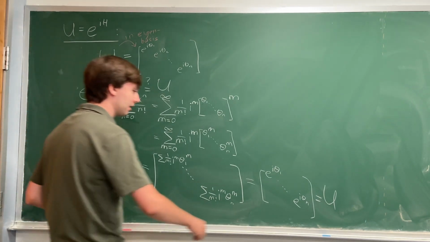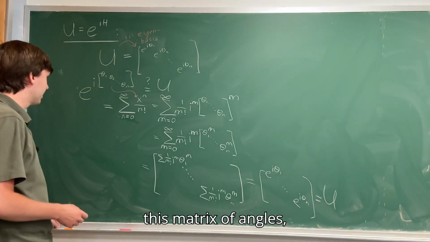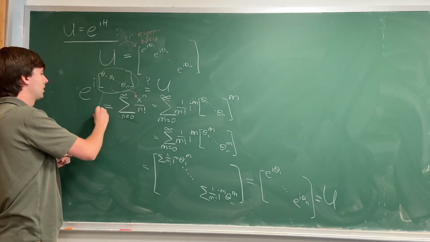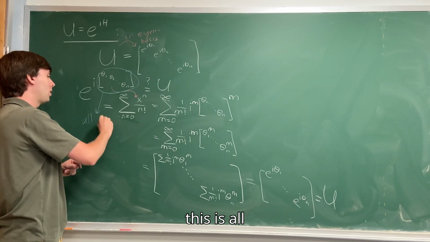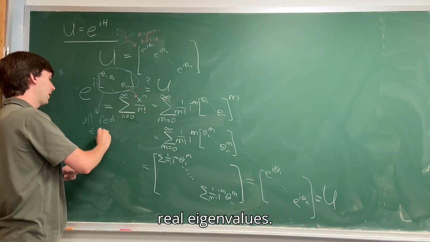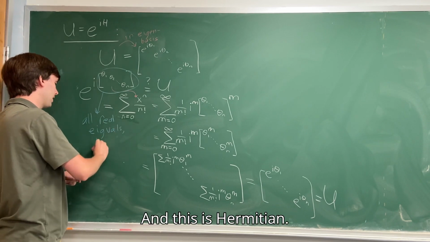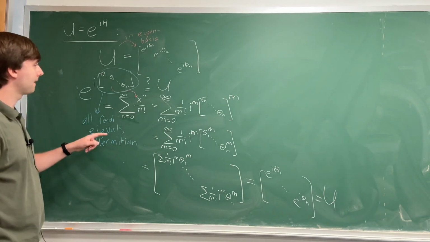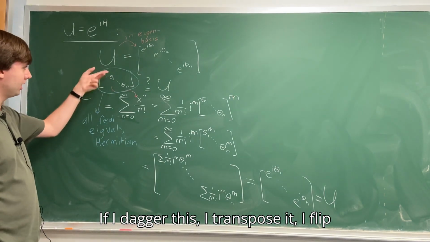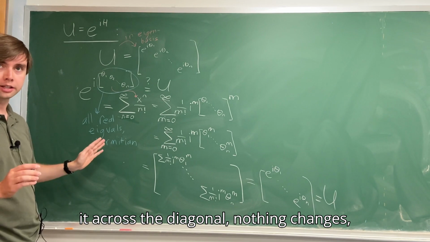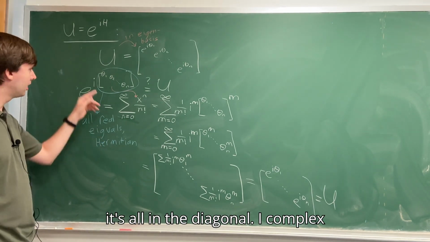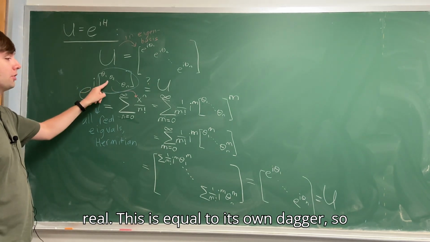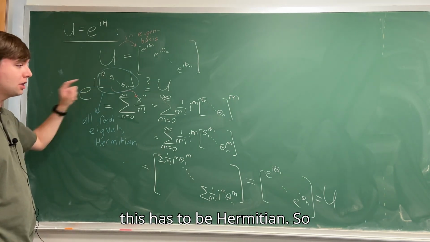And importantly, this matrix of angles, this is all real eigenvalues, and this is Hermitian. If I dagger this, I transpose it, I flip it across the diagonal, nothing changes, it's all on the diagonal. I complex conjugate it, nothing changes, it's all real. This is equal to its own dagger, so this has to be Hermitian.